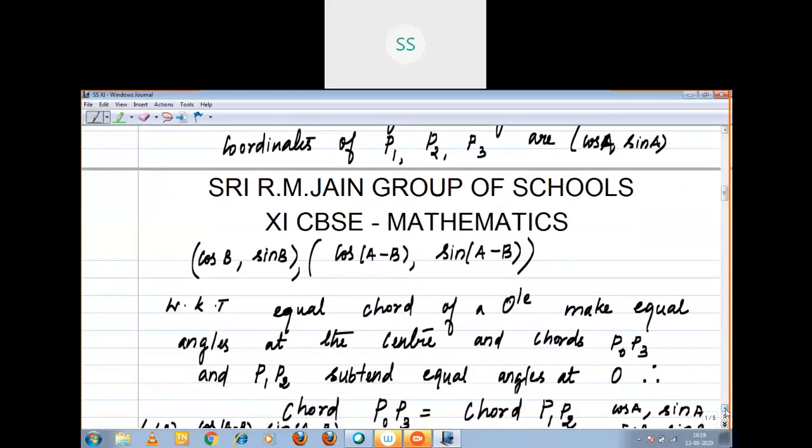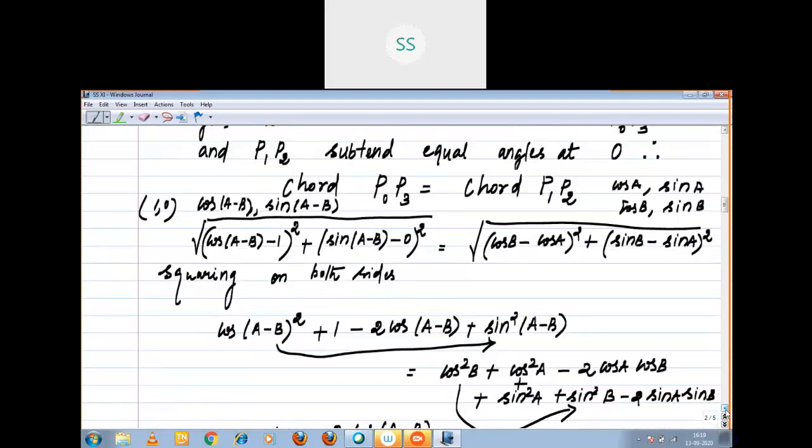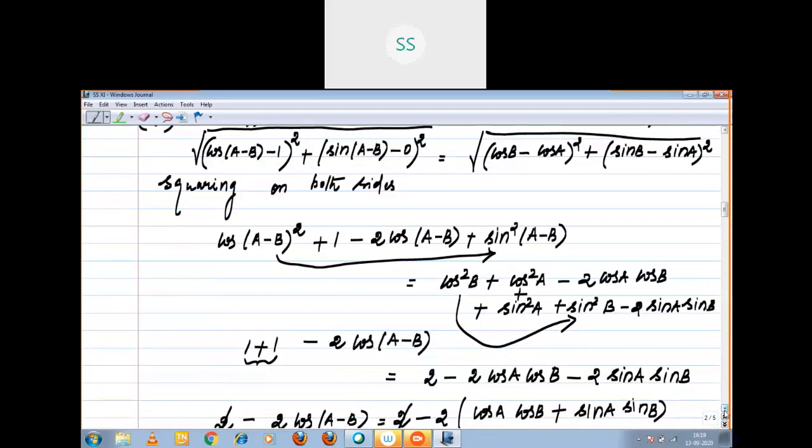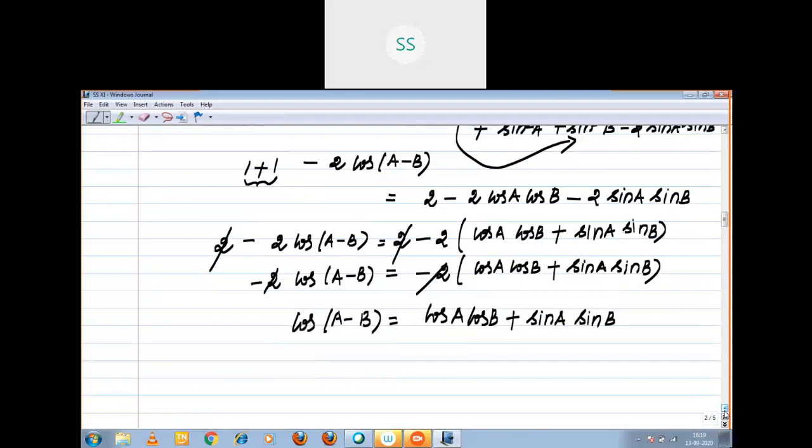That's why I took P1 as cos A, sin A, P2 as cos B, sin B, P3 as cos(A minus B), sin(A minus B). Equal chords of a circle make equal angles at the center, and chords P0P3 and P1P2 subtend equal angles at O.